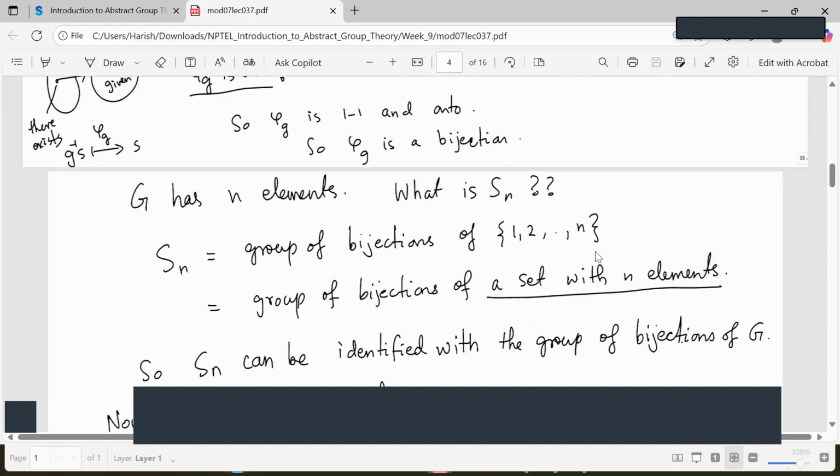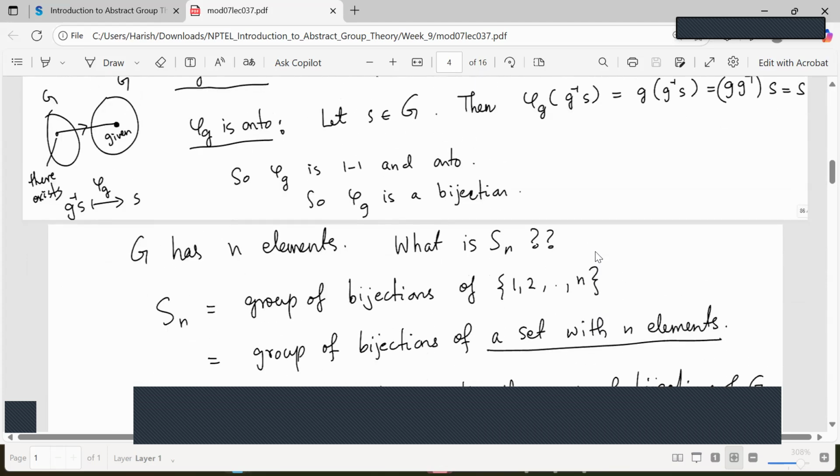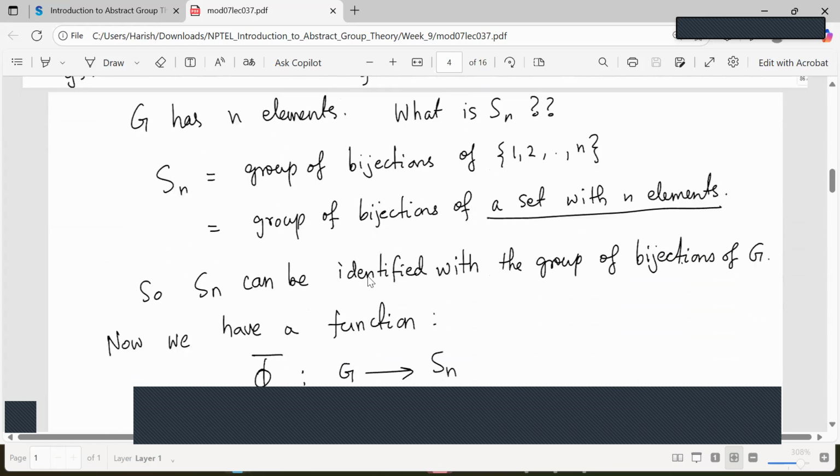Now, since it's a bijection and the number of elements in G is n, it is a group of bijections on a set with n elements. The numbering can change. In Sn, we take bijections on 1 to n, but here we are taking a bijection on the set G, which has elements say g1, g2, up to gn.